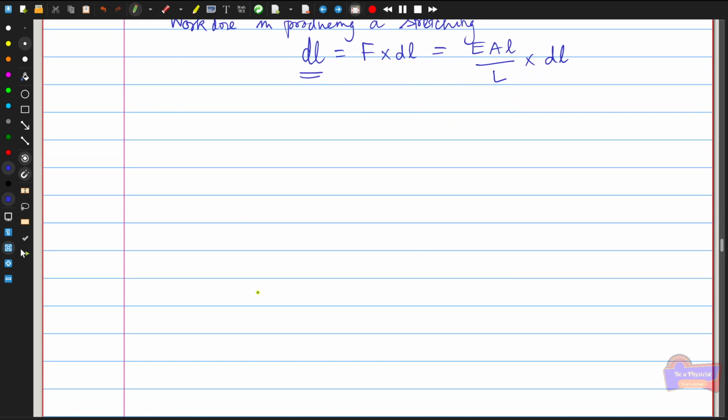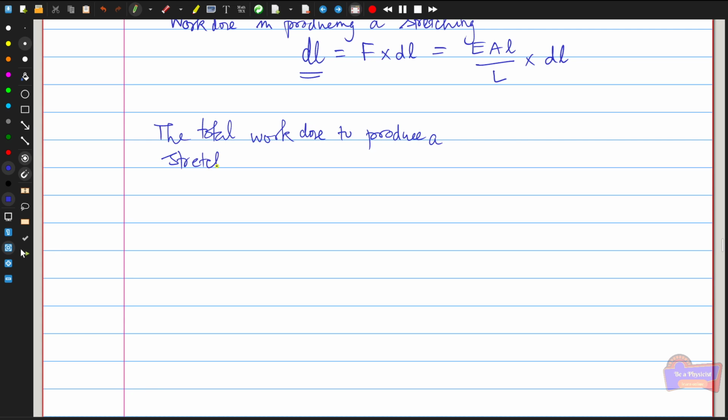Suppose I want the total work done to produce the stretching of the wire from 0 to l.